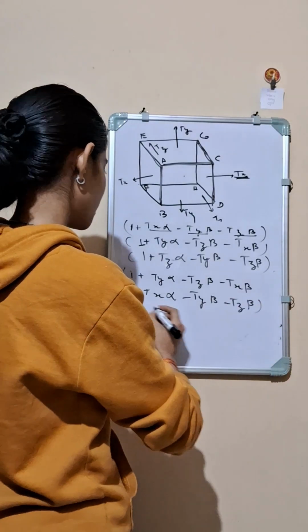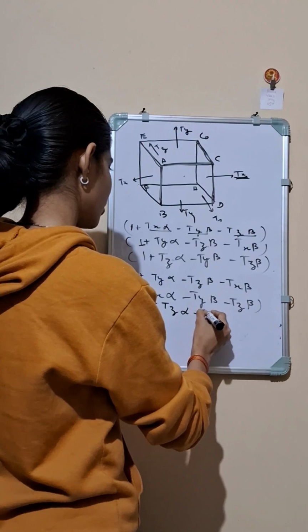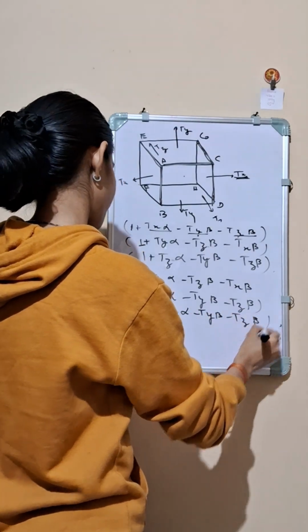So this thing is multiplied with 1 plus Tz alpha minus Ty beta minus Tz beta.